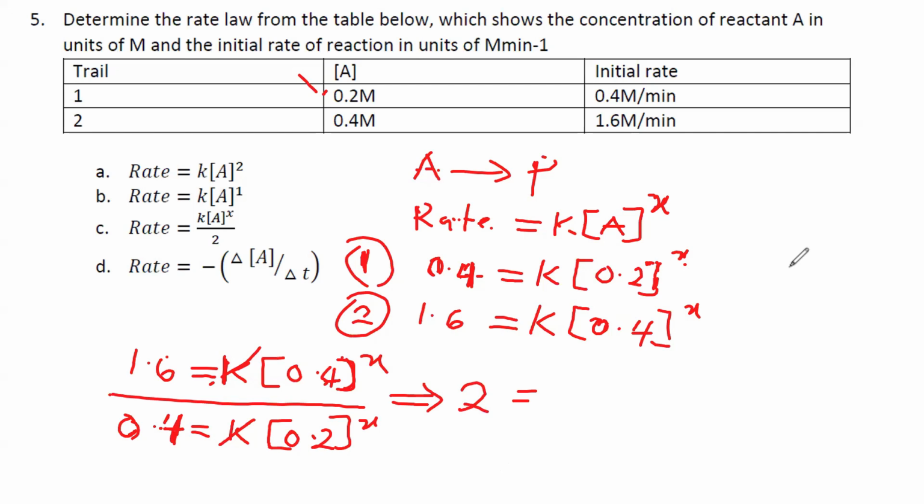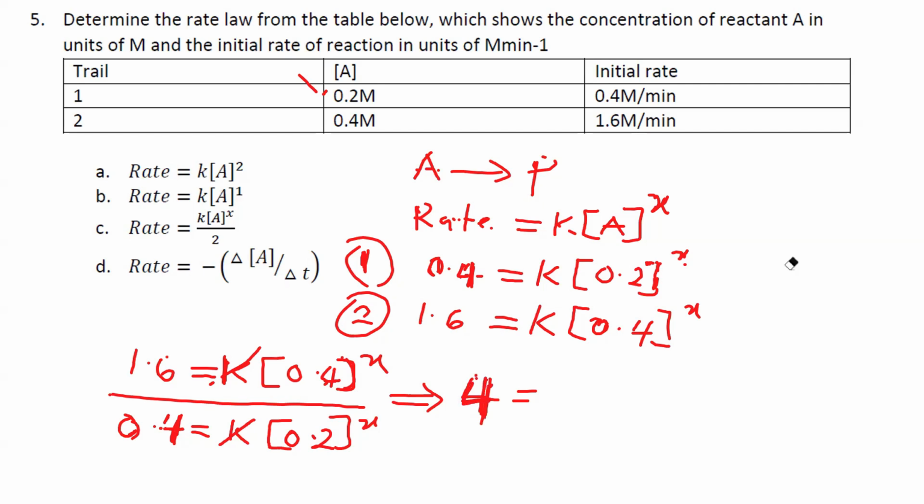As I said, 1.6 divided by 0.4 gives us not 2, but 4.